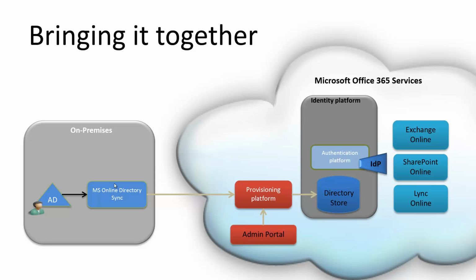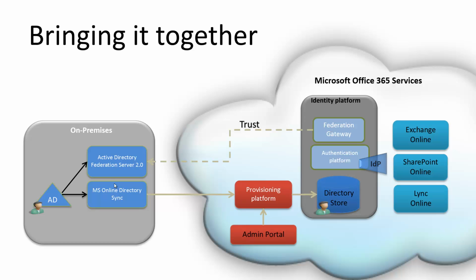So as long as we're only using DirSync, you will see that the IDP, or the identity provider for the online services, remains in Office 365, meaning that they have a password for that user and that it's a separate set of passwords from the one that you're using on premises. However, when you set up a trust between the identity platform and your on-premises environment, you do that through a federation gateway and a federation server on premises.